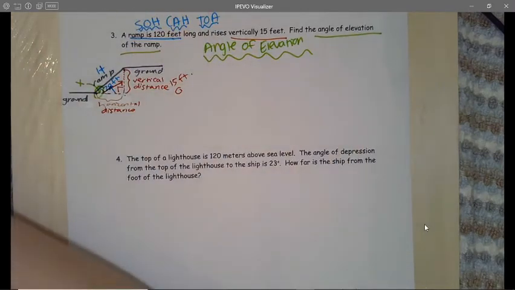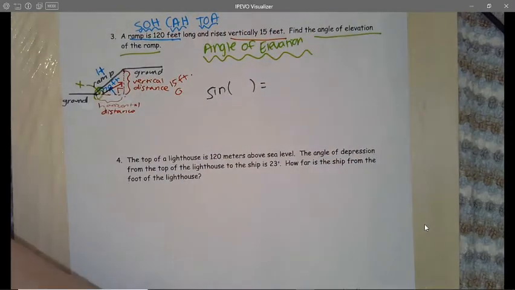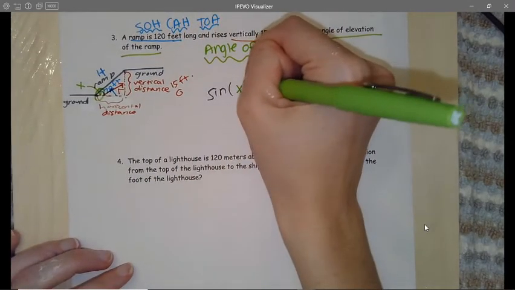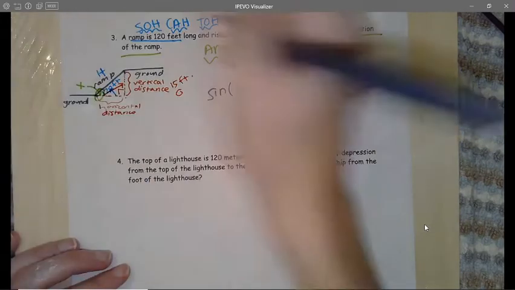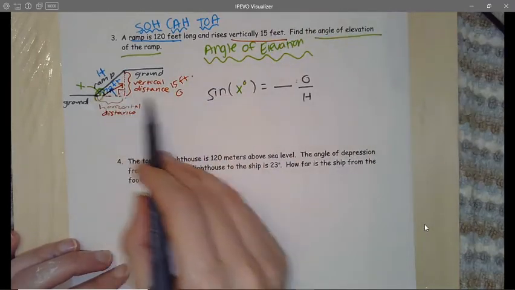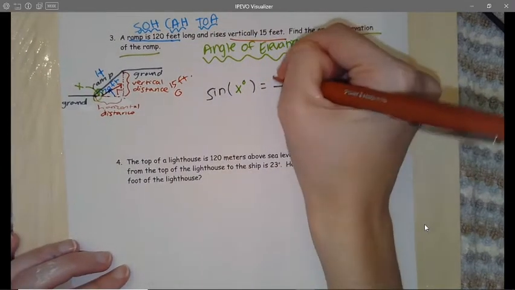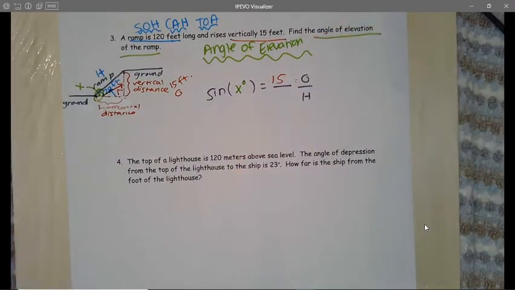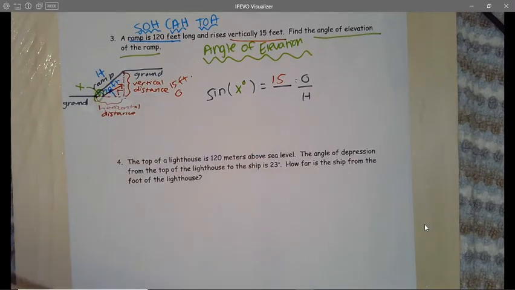So the sine of the angle, which I currently don't know, so I'm going to call it x, our angle of elevation, will be the opposite over the hypotenuse. The opposite side, the side directly across from the angle, is 15 feet. And then the hypotenuse is going to be the ramp length, which is 120.